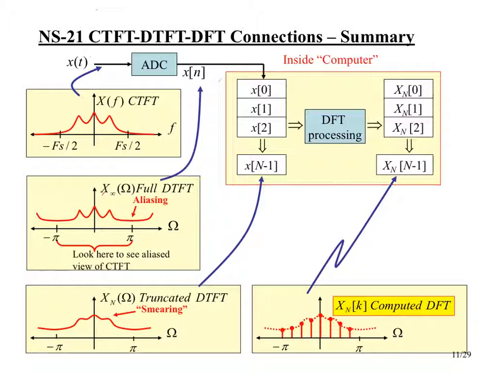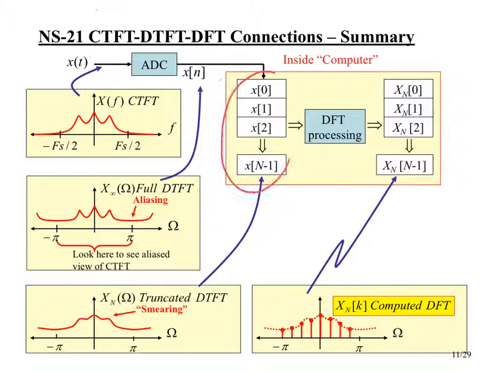So we've got the CTFT. After sampling, we may experience some aliasing, but we've still got nice sharp spikes because we've got infinitely many samples. But then we collect a finite number of samples, and we're still just thinking theoretically, hypothetically inside our heads, not something that we can really do.